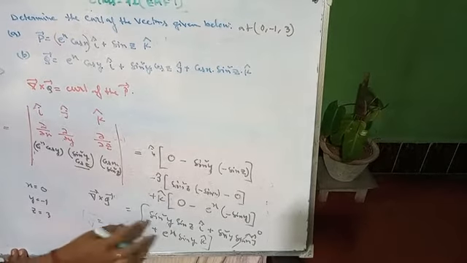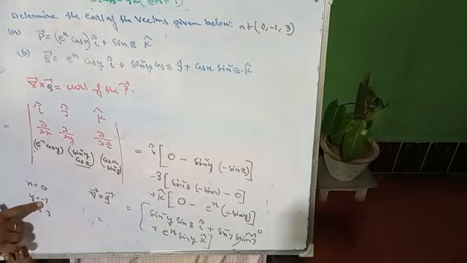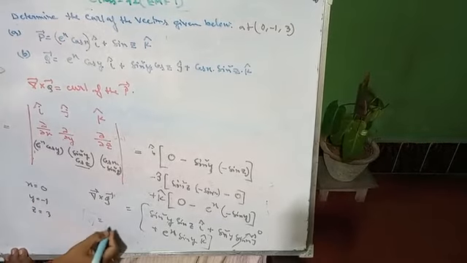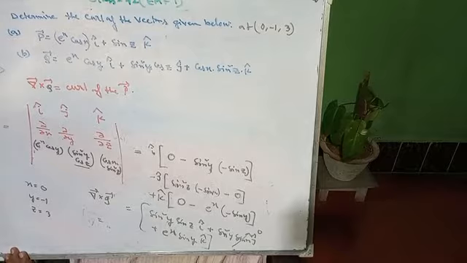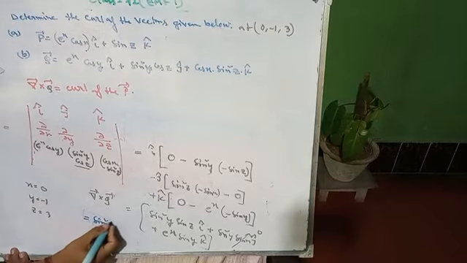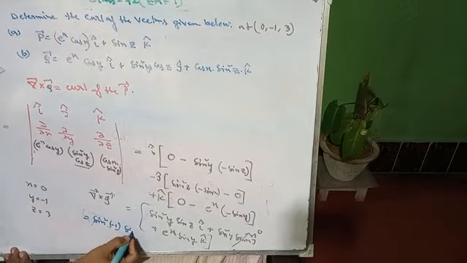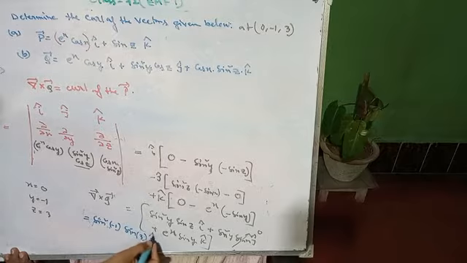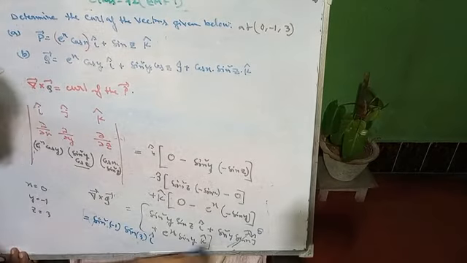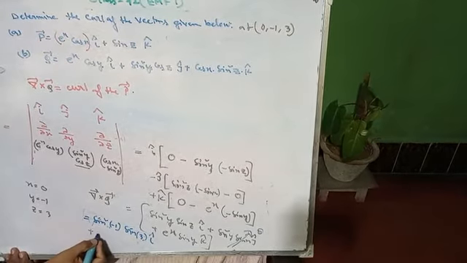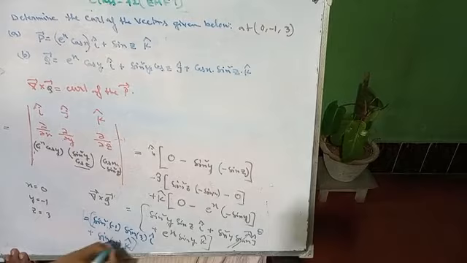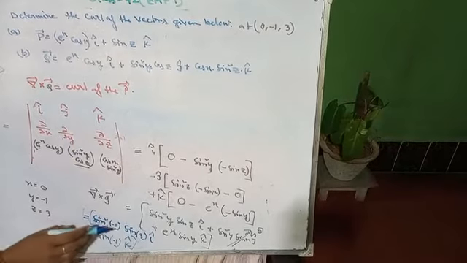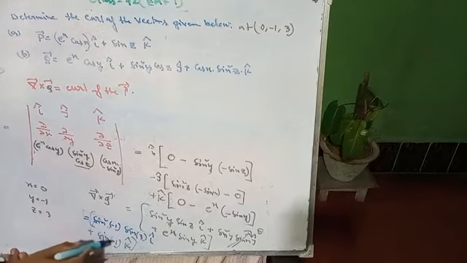So your result will be sine square of minus 1, sine 3 i cap, and j cap will vanish, and e to the 0 means 1 into sine minus 1 k cap. Just put it in the calculator and you get the exact answer: sine square minus 1 sine 3 i cap plus sine minus 1 k cap.